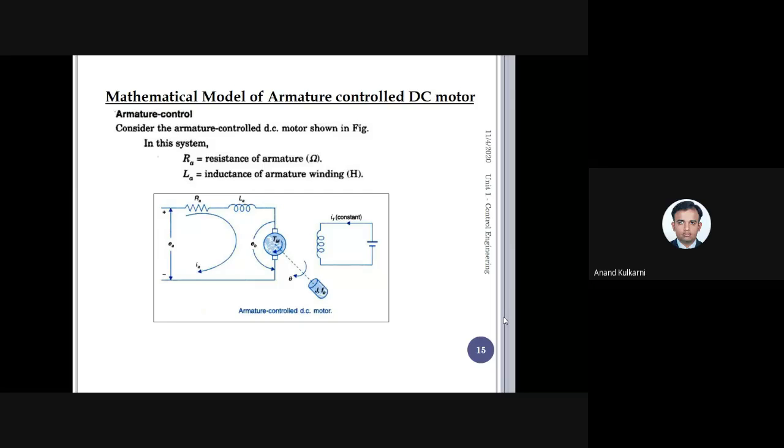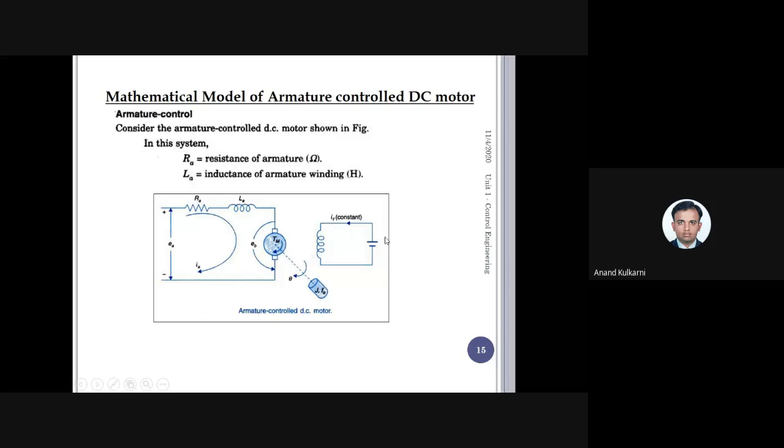So forget that. Now we are coming to the separately excited motor. In the separately excited motor, there are two types: armature controlled DC motor and field controlled DC motor. In the armature controlled DC motor, we supply power to the armature and change the voltage supplied to it, thereby changing the speed of the motor. We keep the power supply to the field constant.